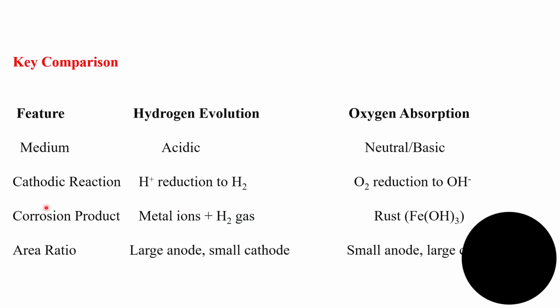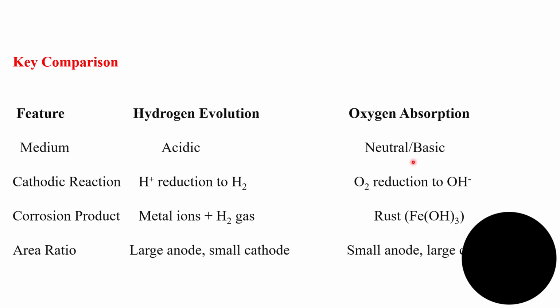On the cathodic side, particularly in acidic medium, one can see that a large amount of H+ would be present, that would get reduced to hydrogen gas. So therefore, one can anticipate hydrogen evolution in the acidic medium, particularly on the cathodic reaction side. Whereas we all know that on the anodic side, the electron would be released and metal would get oxidized.